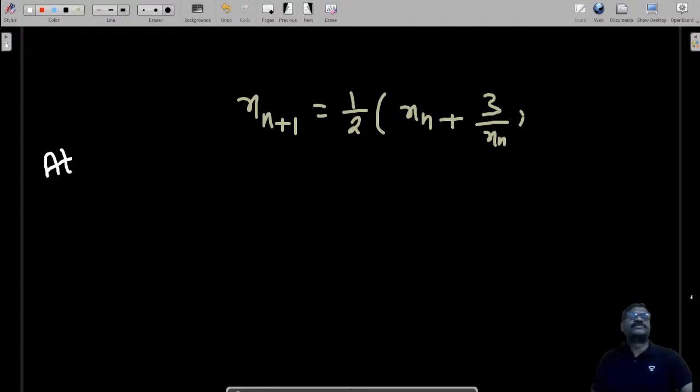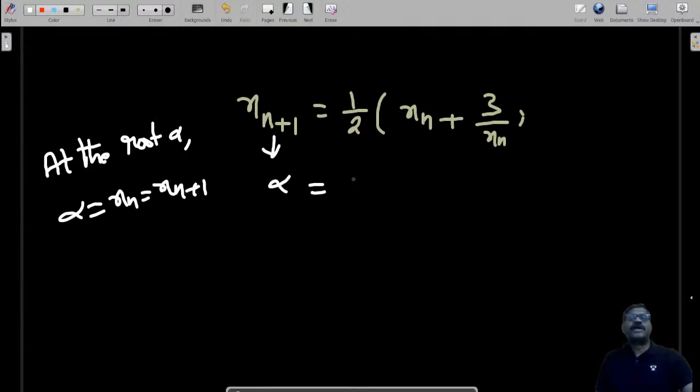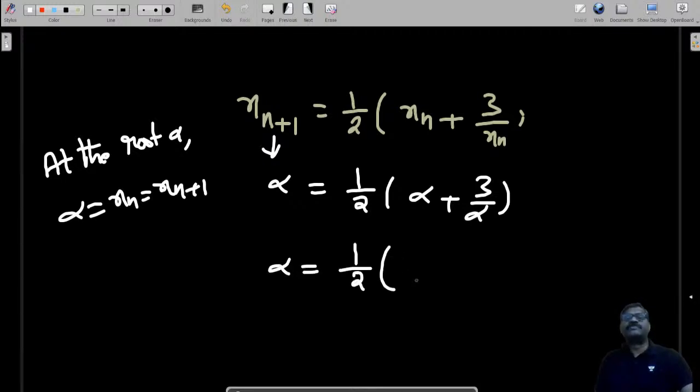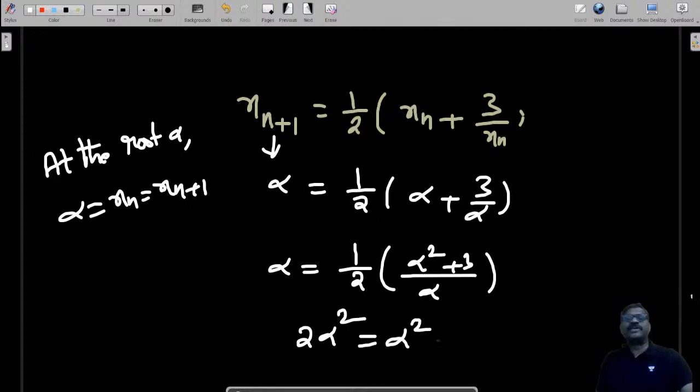At the root alpha, alpha is equal to xn plus 1, so alpha equal to 1 by 2 of alpha plus 3 by alpha, that is 1 by 2 of alpha square plus 3 by alpha. So 2 alpha into alpha, 2 alpha square equal to alpha square plus 3.